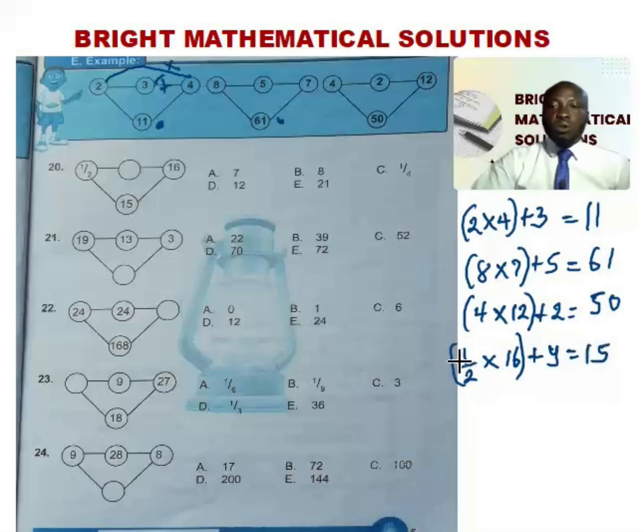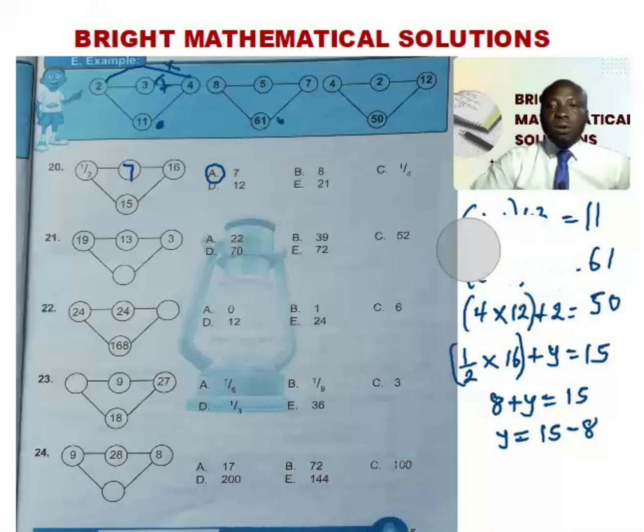So 1 over 2 multiplied by 16 will give us 8. 8 plus y gives 15. So if you take this to the other side, y equals 15 minus 8, and that is 7. So our answer is A. So the missing number here is 7.